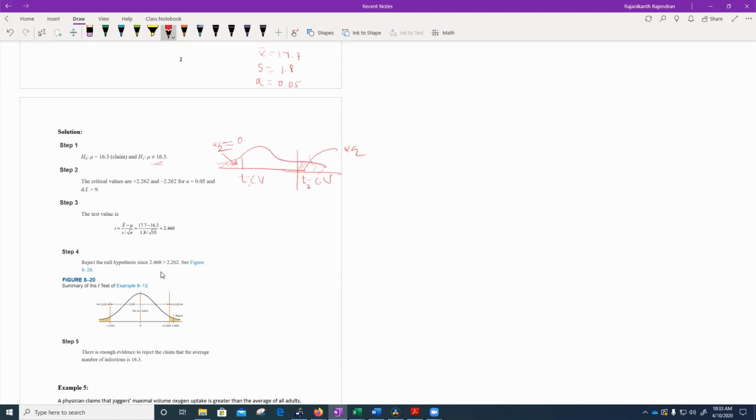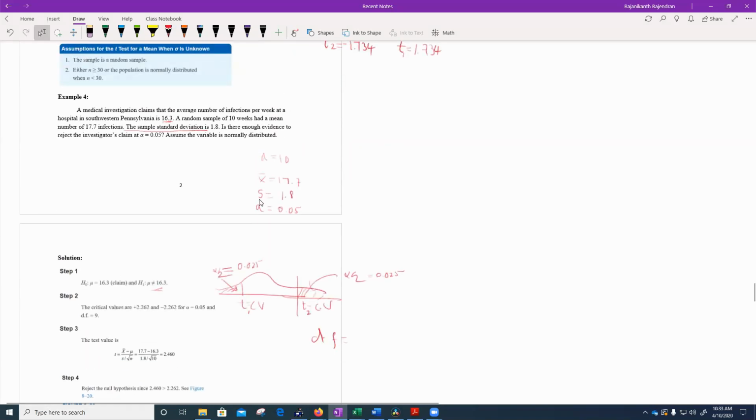This is going to be 0.025, you need to divide by 2. My degrees of freedom: little n is 10, therefore degrees of freedom n minus 1 is 10 minus 1, 9.